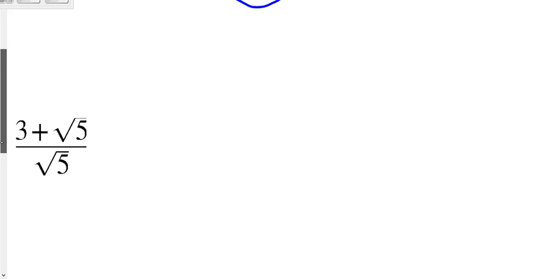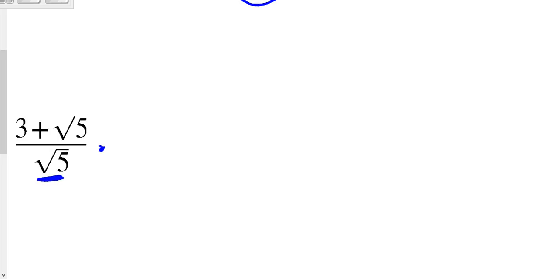Let's look at another example. This time we still have square root of 5 in the bottom, but we have 2 things in the top. I couldn't think of the word. We have 2 numbers. We have 3 plus the square root of 5. So same process as before. Our goal is always to get the radical out of the square root.